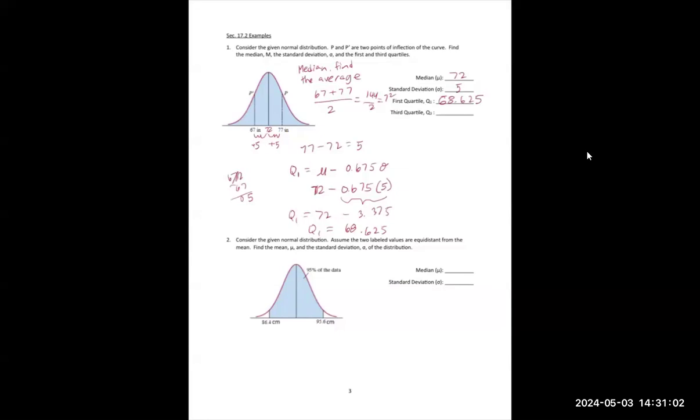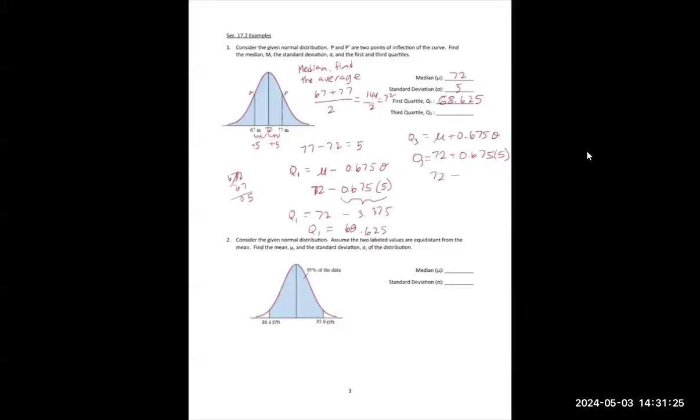And then the third quartile is very similar, but we take the mean and add that same 0.675 times the standard deviation. So I plug in what I know, the mean in this problem is 72, plus 0.675 times the standard deviation, which is 5.